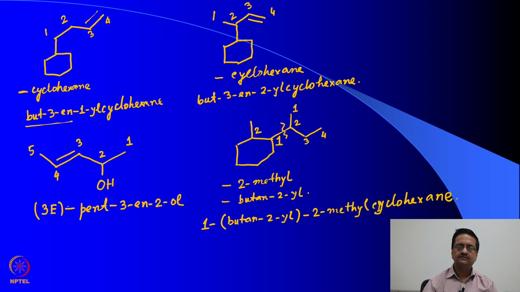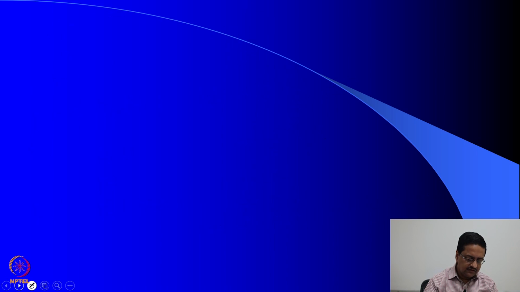So, this is how one should logically follow the rules that we have learnt in the first couple of classes and try to write the names of different organic compounds. Now, look at the next set of molecules, which are very interesting, because they all look very similar, but their numbering schemes are going to be slightly different.